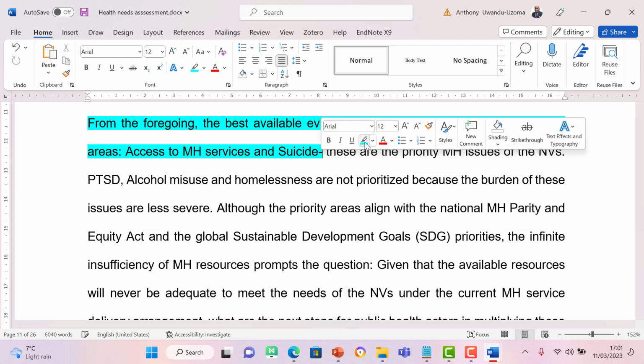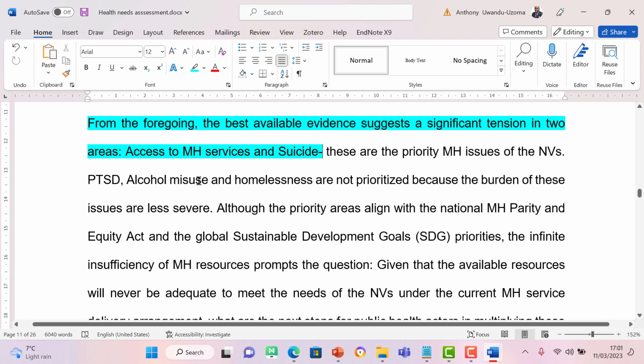By the time you have done your health needs assessment and your prioritization matrix, and you have gotten the top one or two, you can say, okay, this is the one I want. From this essay, I can see that the author chose access to mental health services and suicide prevention programs as the priority issues.